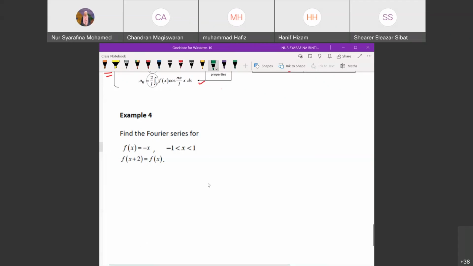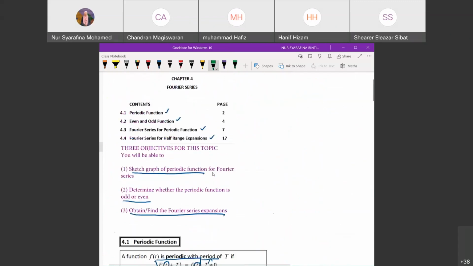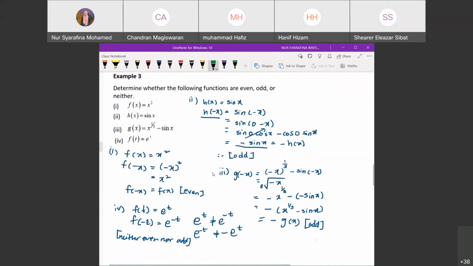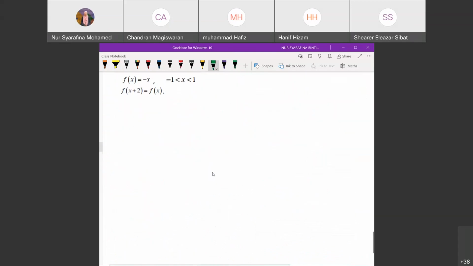First, this is a function of negative x. Is f(x) equals negative x even or odd? Okay, it is an odd function. How can you know that it is an odd function? You can prove it by definition, or you can just plot it.